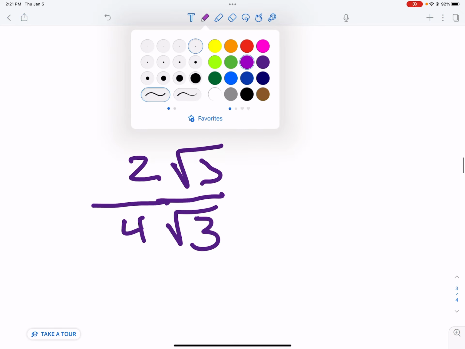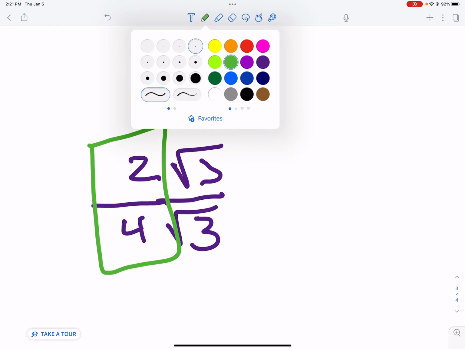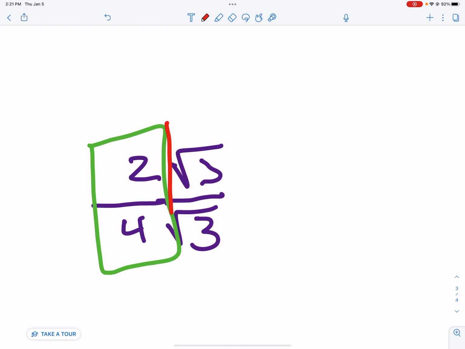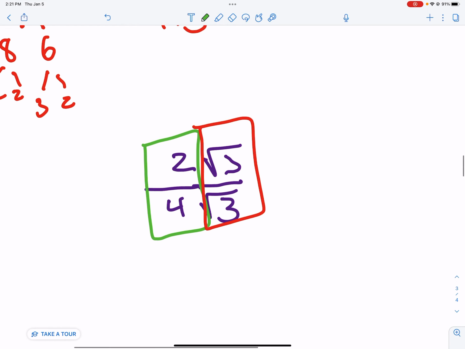So you have the front piece and you have the back piece. The front piece, 2 over 4, becomes 1 over 2. The back piece, radical 3 over radical 3, is the same number top and bottom, so that cancels out. This is your final answer.